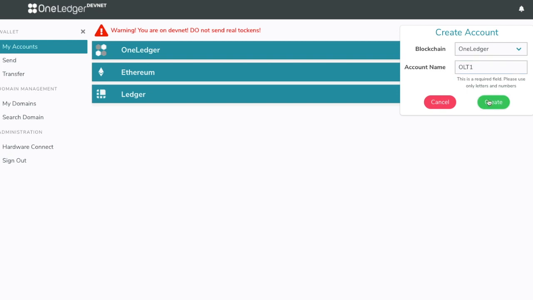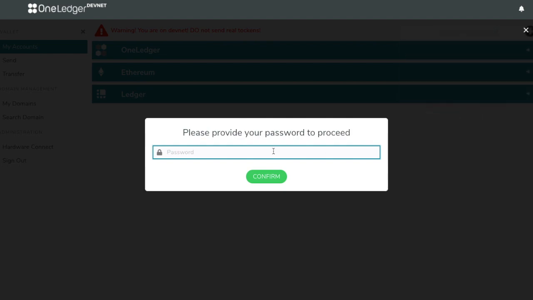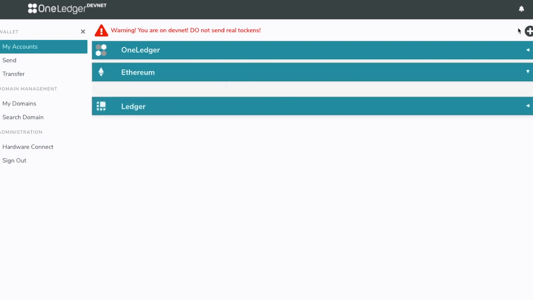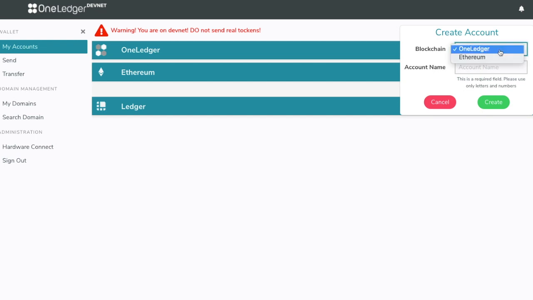So I'm creating the account there, and I'm going to put in my password. And there it is. I have an OLT balance of almost 8,000 in this particular account. Similarly, if I were to create an Ethereum account, right? So if I went to Ethereum and did my Ethereum account there, right, one.